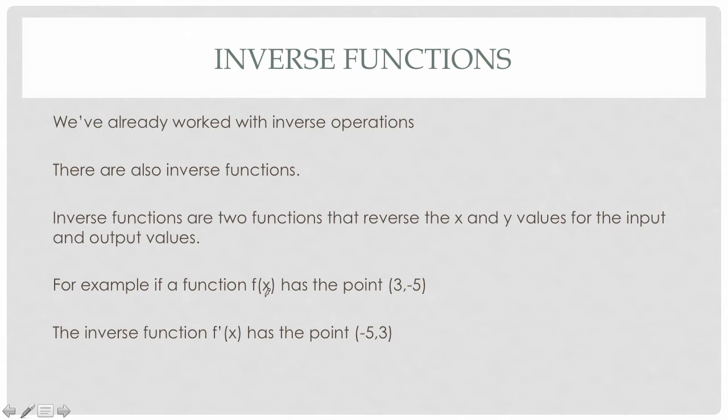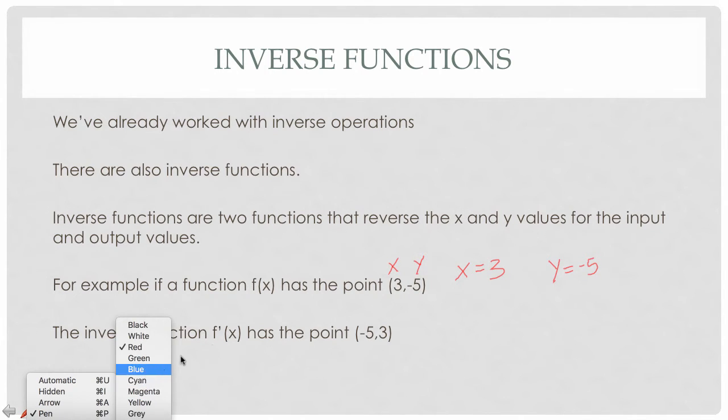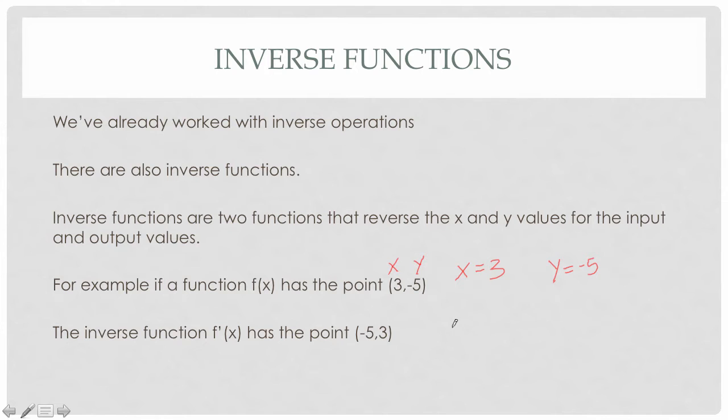For example, if I have a function and I input an x value of 3, I put it into my function and I get back this y value, negative 5. The inverse function says, we'll do the opposite. The inverse function says, if I put in an x value of negative 5, you should get back a y value of 3 because it's the opposite.